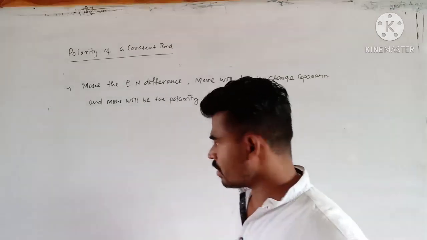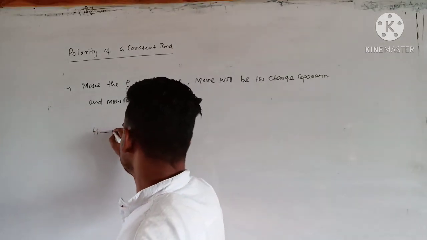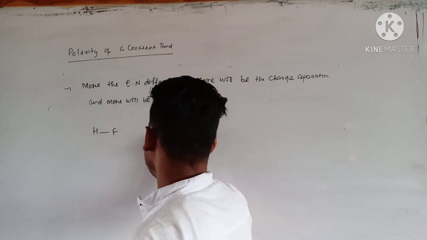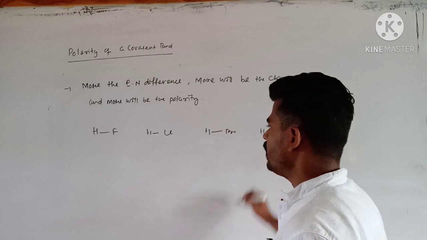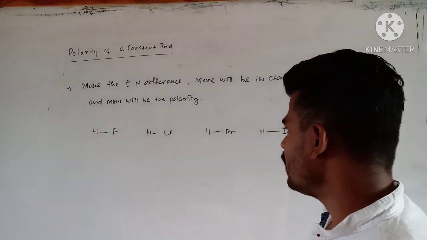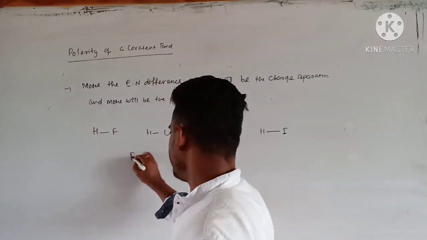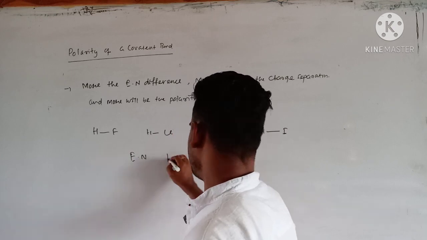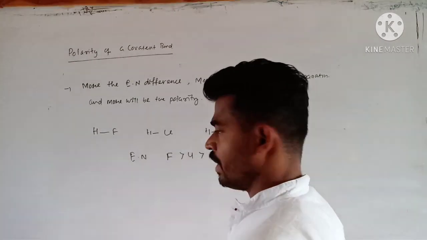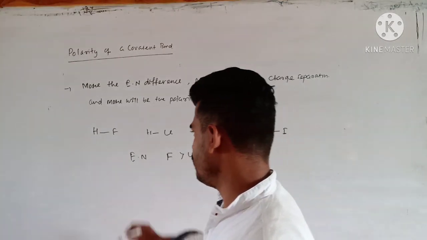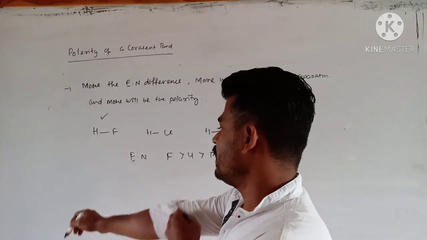Okay, likewise I can consider over here, if I compare HF with HCl, HBr and finally HI, then tell me which one will be more polar. Here you know the electronegativity order: fluorine is more electronegative than chlorine, then bromine, then iodine. So more charge separation will be in the case of HF.